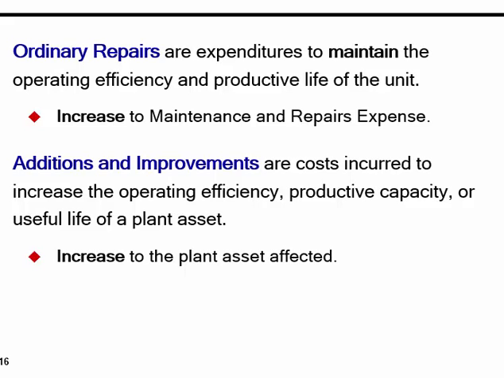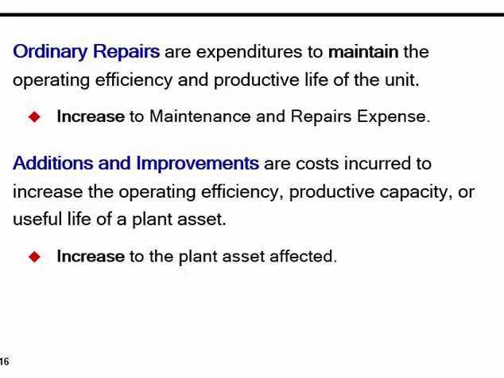Like I mentioned, we could also have some type of major spending in order to increase the capacity or extend the useful life of a piece of property, plant, or equipment. And when we have that kind of expense going on, we would call that an addition or an improvement. Again, these are capital investments, capital expenditures.